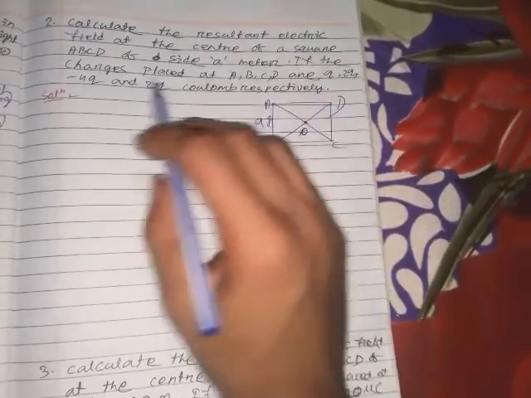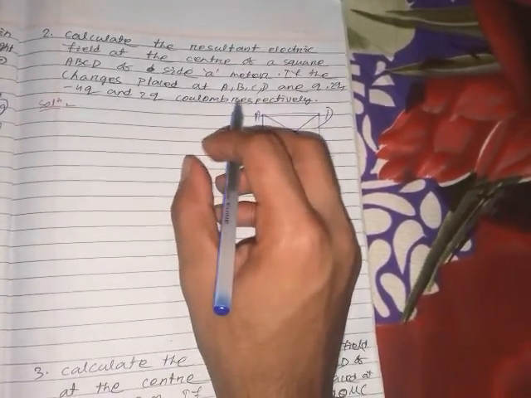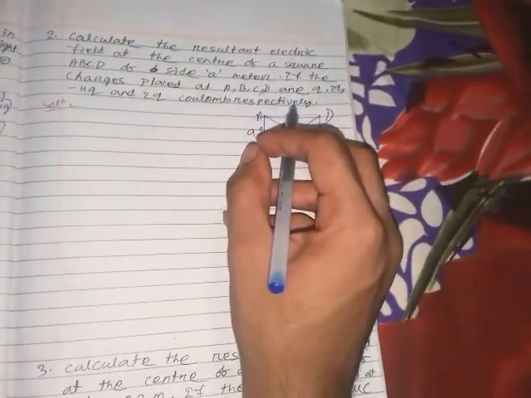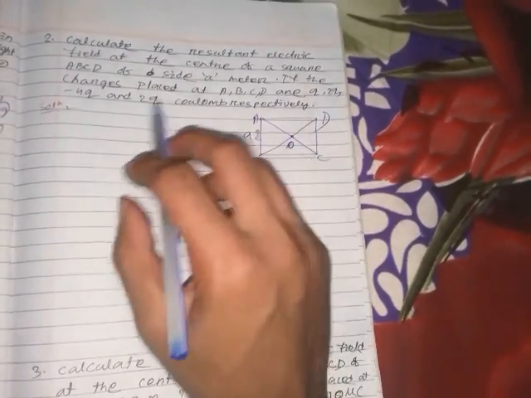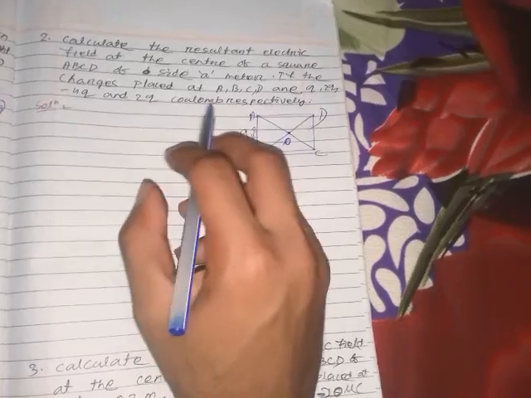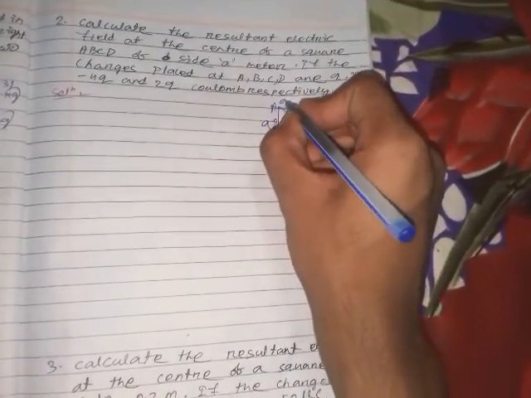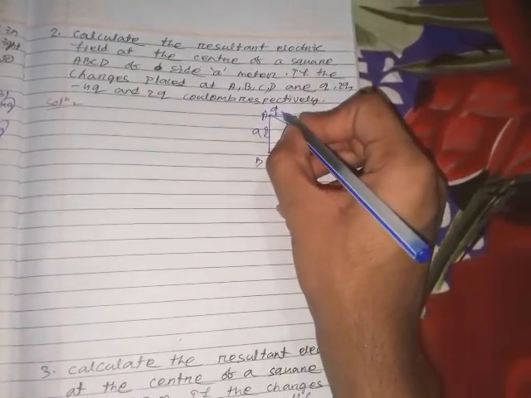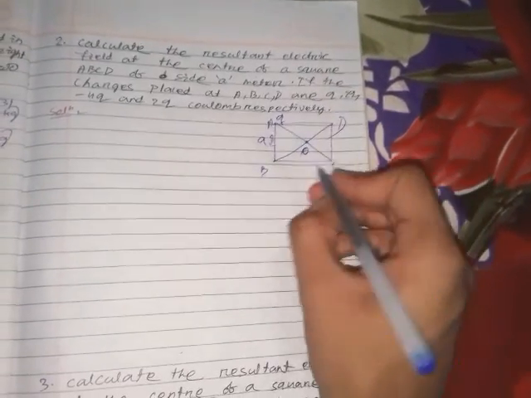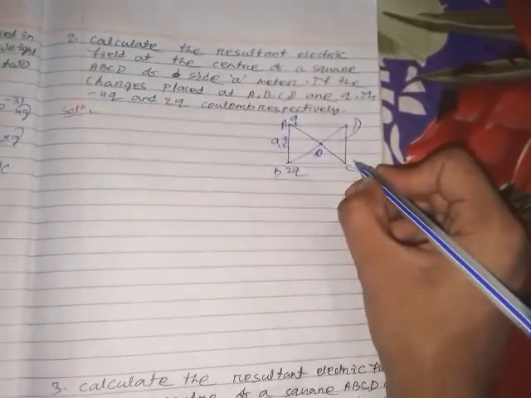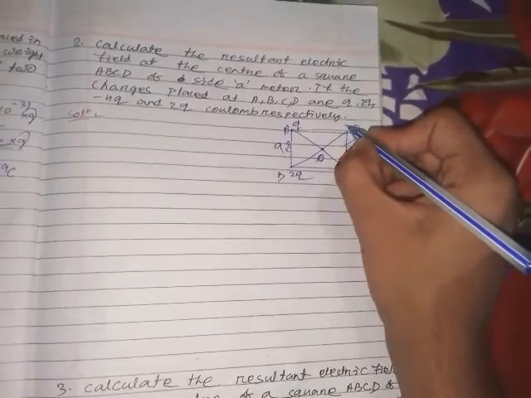If the charges placed at A, B, C, D sequentially are Q, 2Q, minus 4Q, 2Q. A, Q, and B, 2Q, C, minus 4Q, D, 2Q.